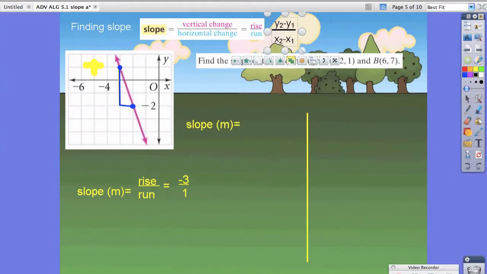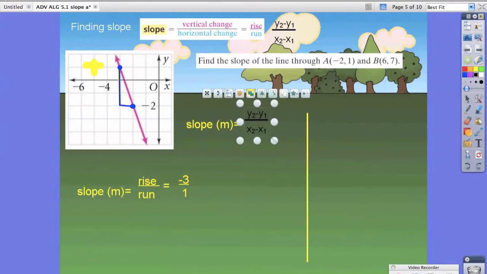So, what we're going to do is use the traditional formula that you often see: y sub 2 minus y sub 1 divided by x sub 2 minus x sub 1. Now just to clarify, the subnotation, or the small numbers if you will, are merely just markers for specific points.